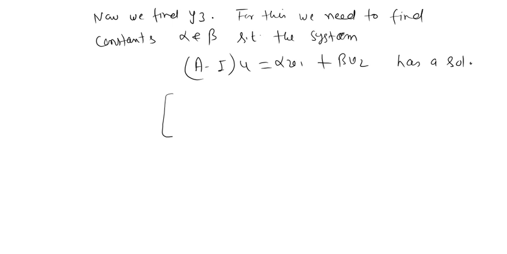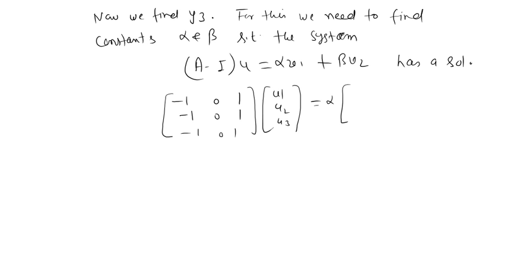So A minus I is the matrix with rows (minus 1, 0, 1), (minus 1, 0, 1), (minus 1, 0, 1)... okay, so assume u as (u1, u2, u3) equal to alpha times v1, (1, 0, 1), plus beta times v2, (0, 1, 0), and simplify the right hand side, so first will be alpha, then beta, then alpha.